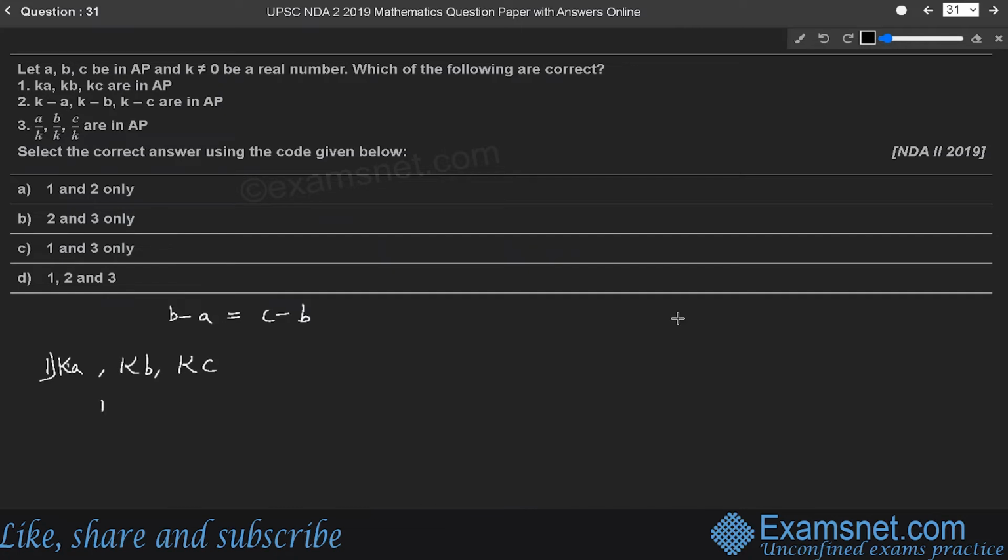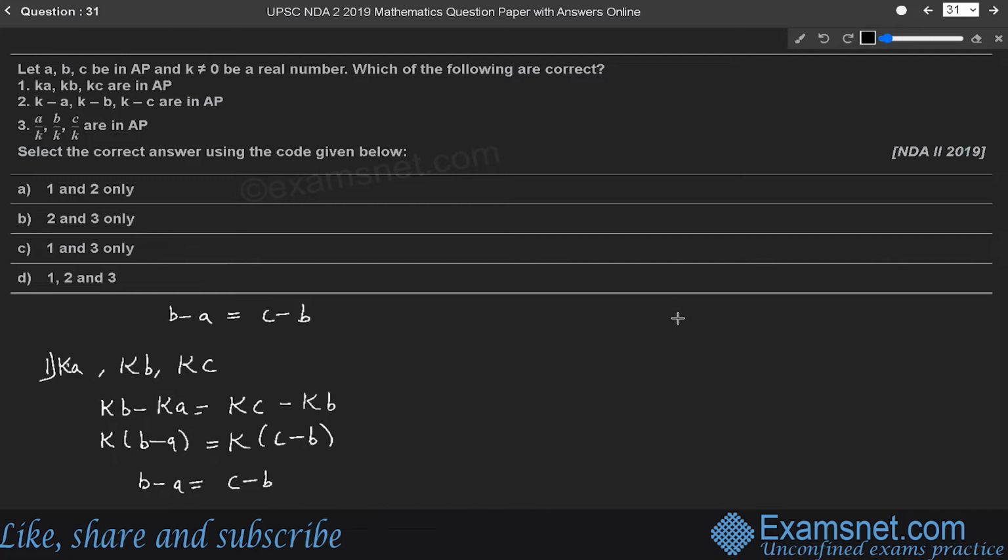Since it is in AP, it means kB minus kA is equal to kC minus kB. Taking k common, it will be B minus A is equal to, again taking k common, C minus B. Therefore, we can say that B minus A is equal to C minus B. So, the first statement is correct.